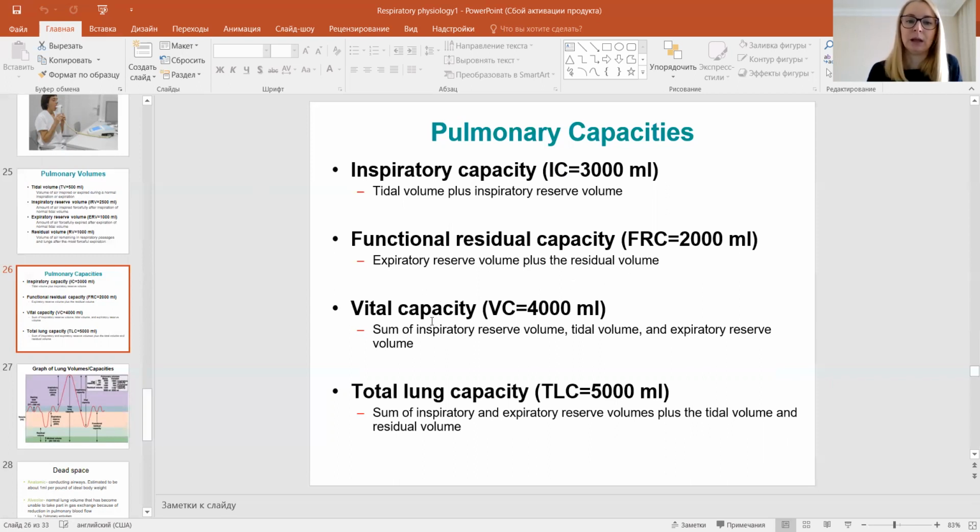Vital capacity is inspiratory reserve volume plus tidal volume plus expiratory reserve volume. And total lung capacity is inspiratory reserve volume plus expiratory reserve volume plus tidal volume plus residual volume, equal to 5,000 milliliters.